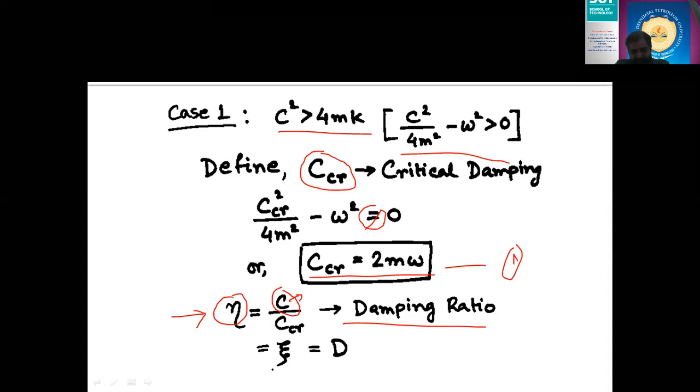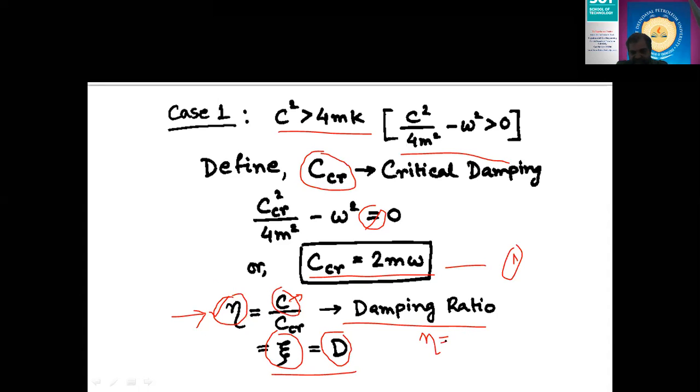In some books the damping ratio is given the notation psi, or in some books capital D. I have written these too, but for our purpose we will take eta in the further equations. So eta is the ratio of the given value of C upon the critical value, called the damping ratio. Let us see that. If I take critical damping, then what will be the value of eta?